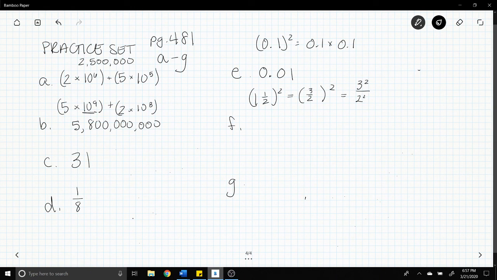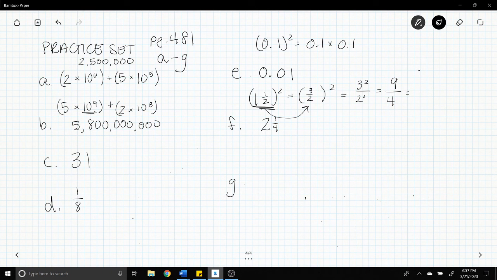So I'm going to sort of distribute that power to the numerator and denominator. So then evaluate what is 3 squared over what is 2 squared, and then turn that back into a mixed number. So we would get 2 1/4. Right, so before you do your exponents with mixed numbers, change them to improper fractions.